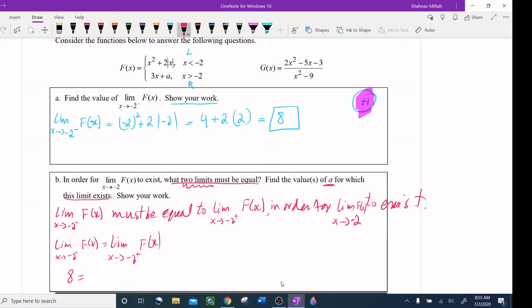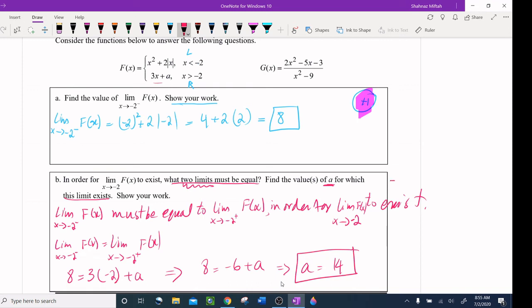You just plug in because you already did the work. Then this one's -2 from the right is that one, right? So I'm going to write 3x is -2 plus a. Now you solve this, it's going to give you 8 equals -6 plus a, and it's going to give me a equals 14, and you box your answer.